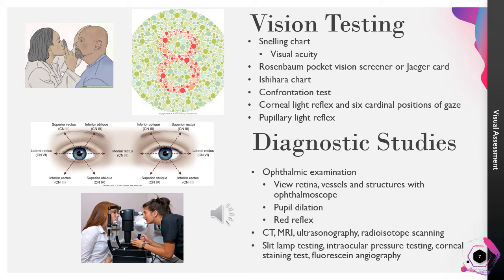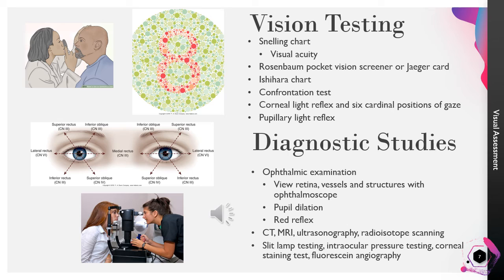The corneal light reflex and 6 cardinal positions of gaze tests are used to assess extraocular muscle function. Cranial nerves 3, 4, and 6 are also assessed when completing these tests. Pupillary light reflex is the normal expected constriction of the pupil observed when exposed to bright light.